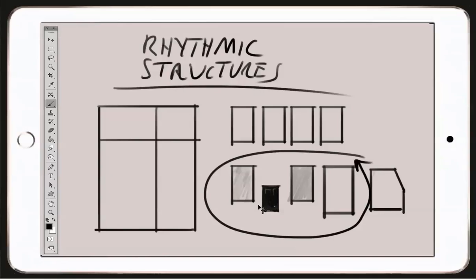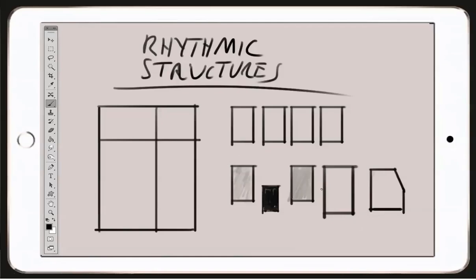Just because these sizes are different, that doesn't mean that there is no rhythm here. The rhythm is still there because the shapes are similar. They're all rectangular in shape, just as these shapes are all rectangular here. So in this structure here, one shape is used to create this structure, the rectangular shape.